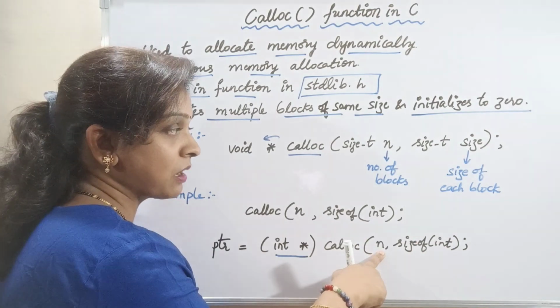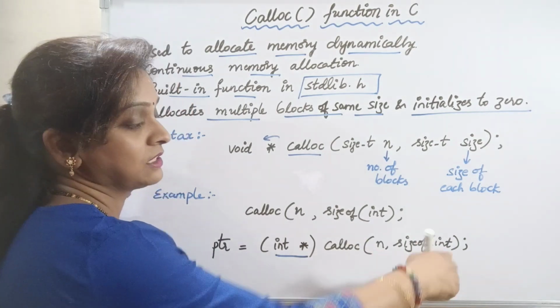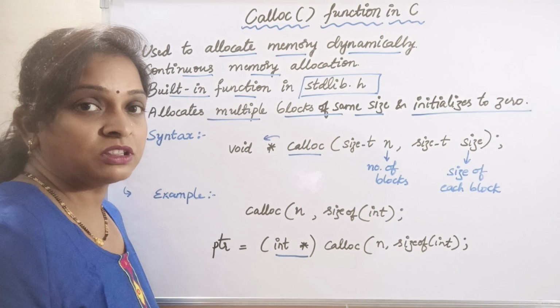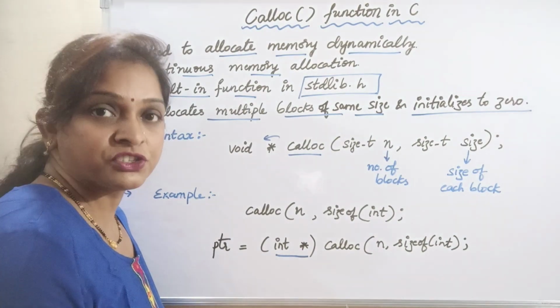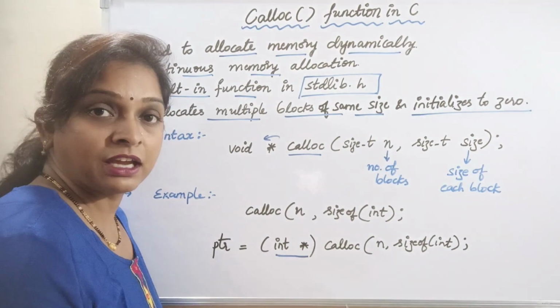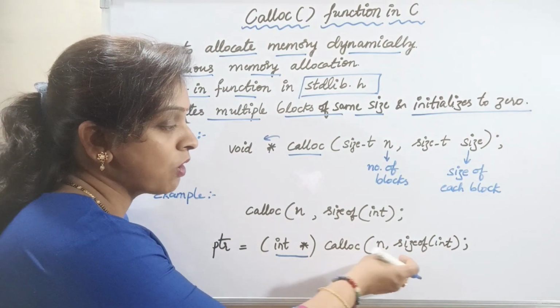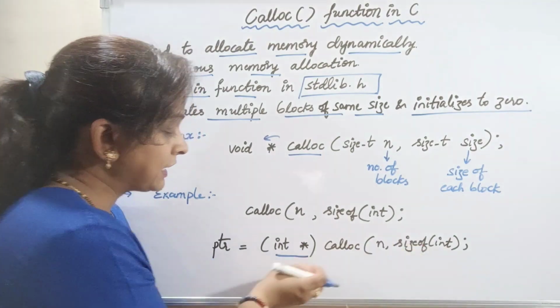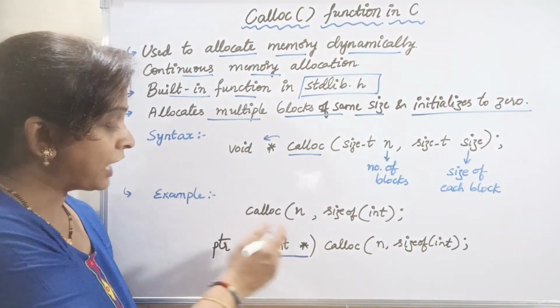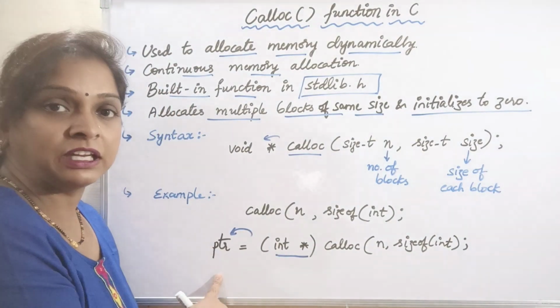It represents the number of blocks and sizeof int. Say int depends upon the processor that we use. It may take 2 bytes or it may take 4 bytes. So n number of blocks and size of each block, typecast that to integer and store that address in ptr.